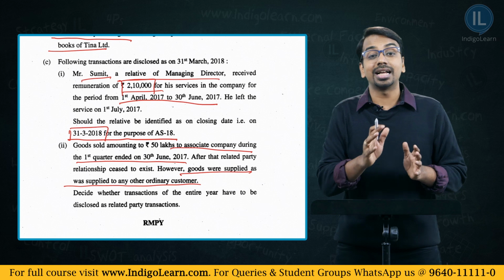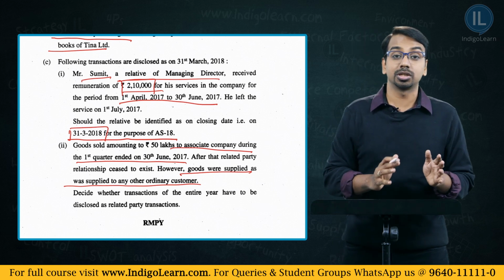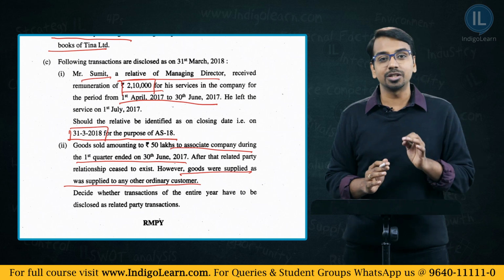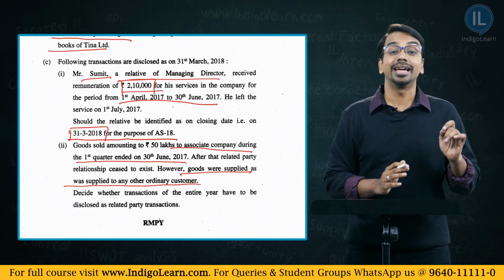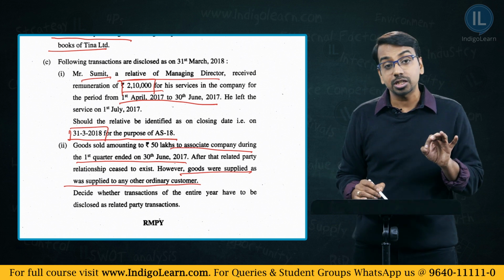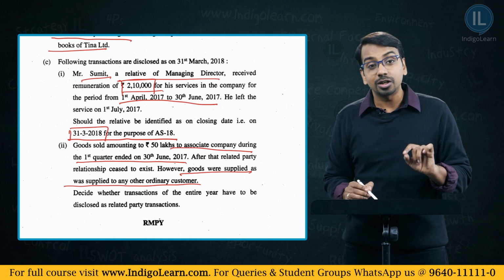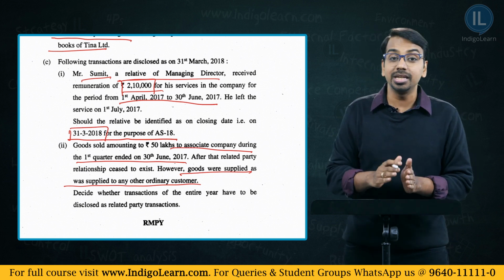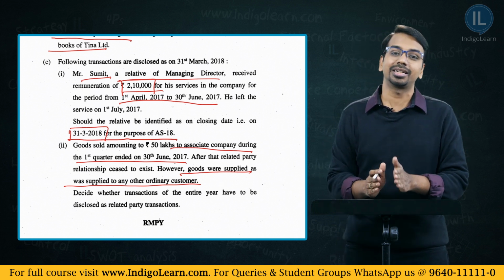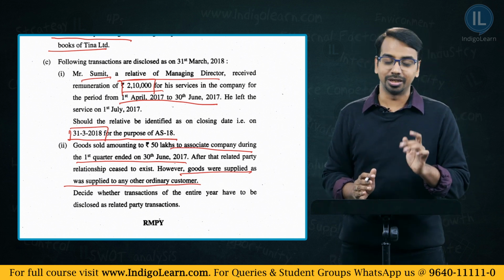So, whether the transactions are as with other customers, or at arm's length price, whatever be the nature of the transaction, if there was a transaction when the relationship exists, it has to be disclosed. So even for the second part, there must be a disclosure, because for the first quarter ended 30th June there was a transaction. The relationship ceased to exist only after the transaction. So, whatever transactions were incurred till the first quarter need to be disclosed.